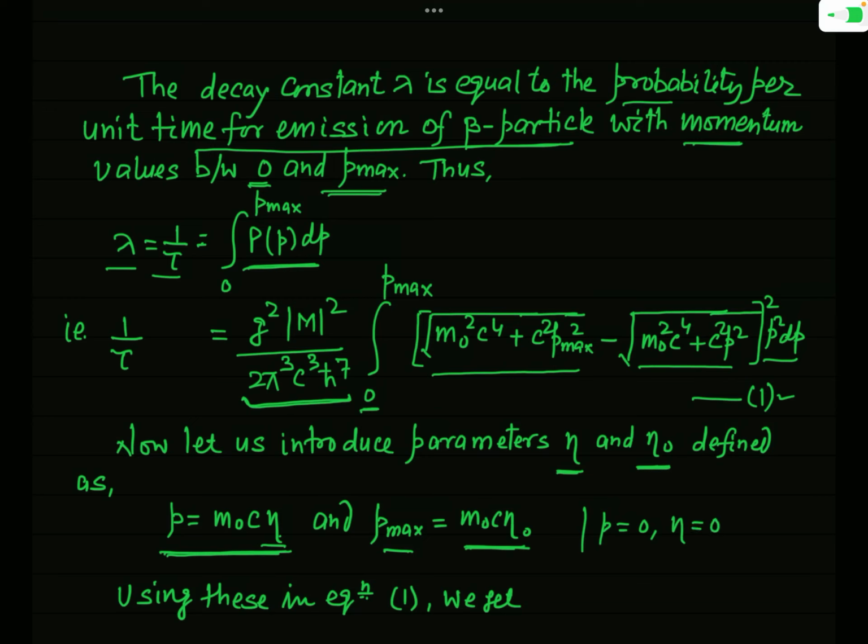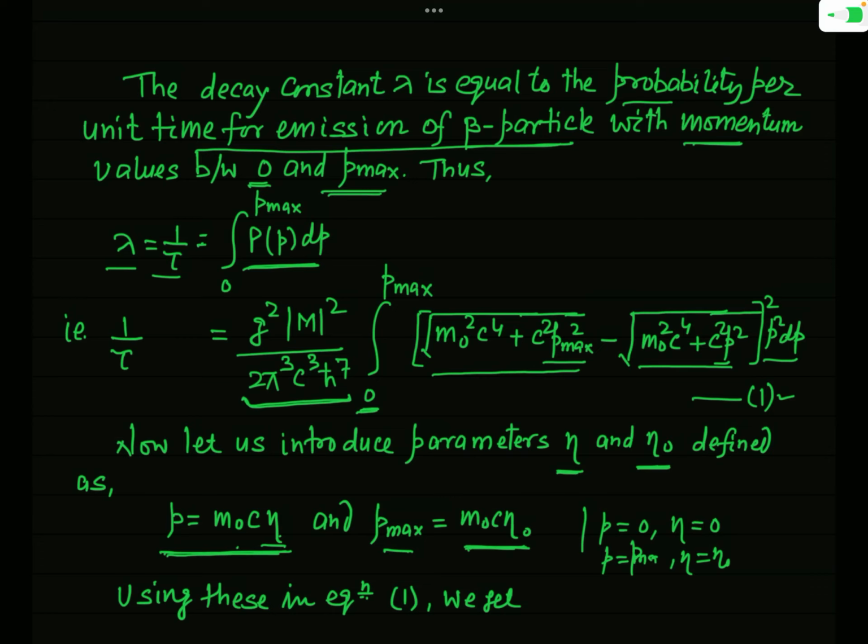And when p is equal to p max, then you can see that eta is equal to eta naught. So instead of the limits 0 and p max, we will simply write 0 and eta naught. It means in place of p max, we now write eta naught. Now replace p max by m naught c eta naught, and p by m naught c eta.